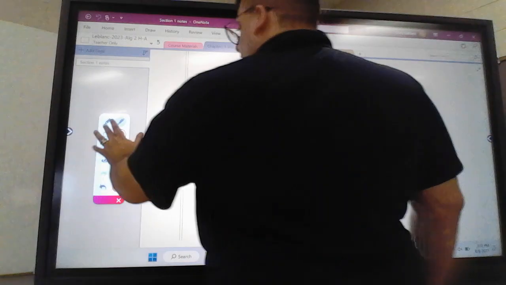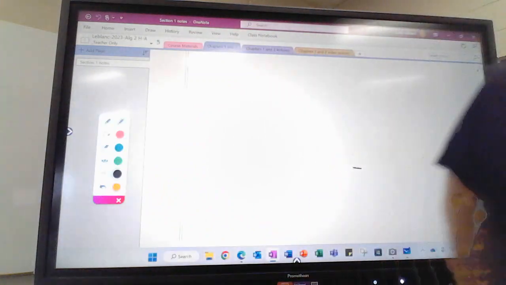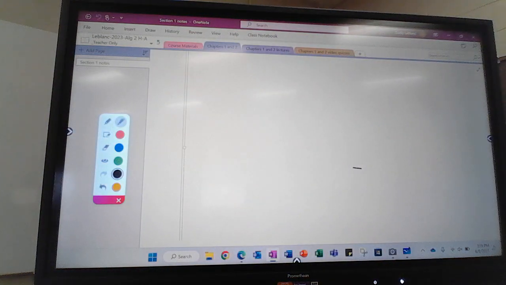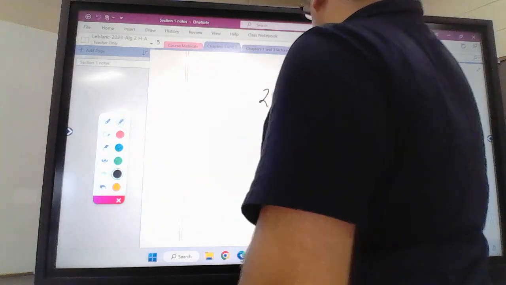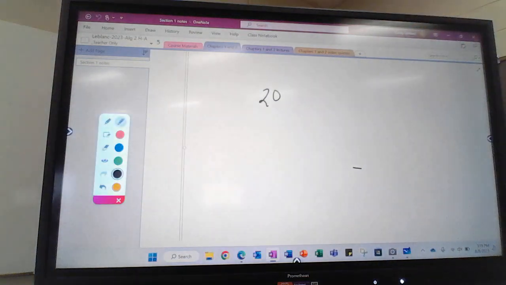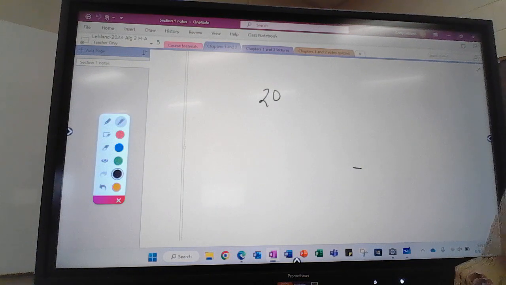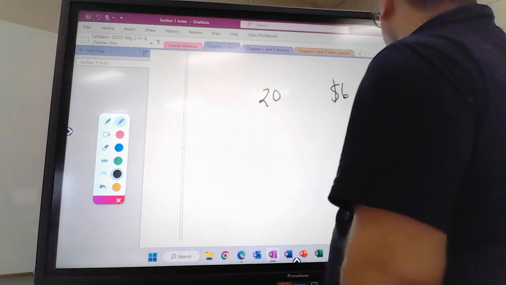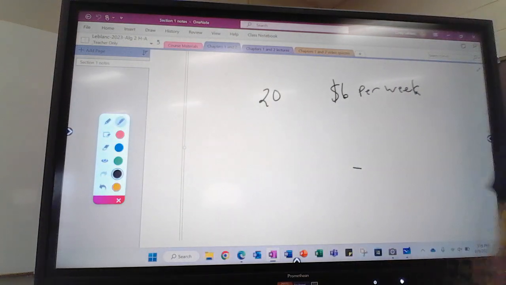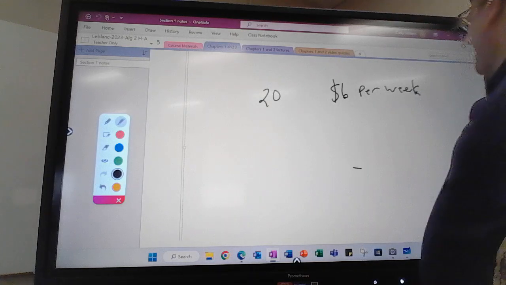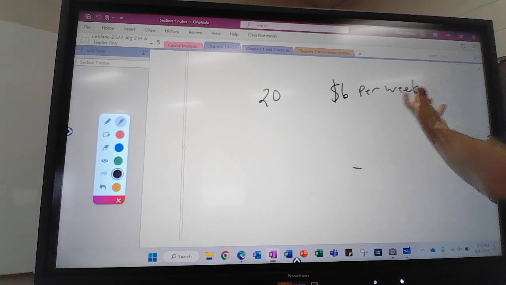Let me give you a fuller example. Let's say you start with $20 and save $6 each week. What algebraic expression models the total amount that you save? So you have a starting amount like this. That's your starting amount. And then each week you get $6. Okay, so that's 6 per week. Now, if you want to know how much money you make in a given amount of time, we have to come up with a variable.